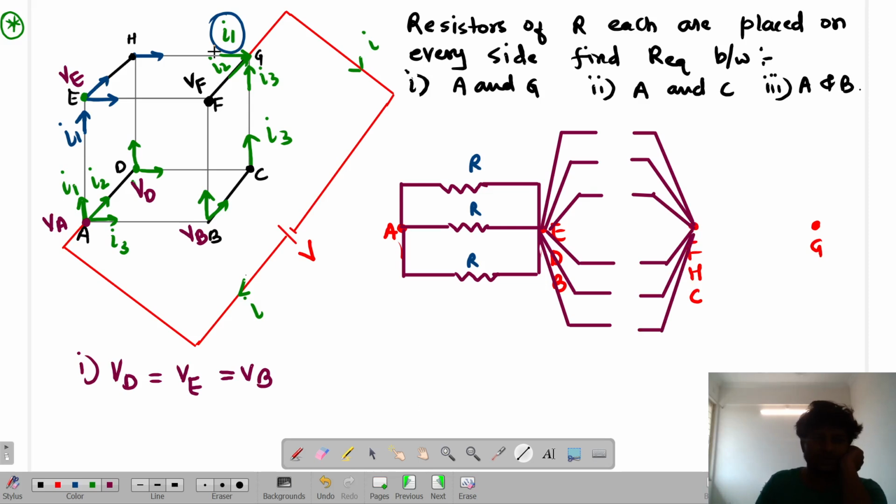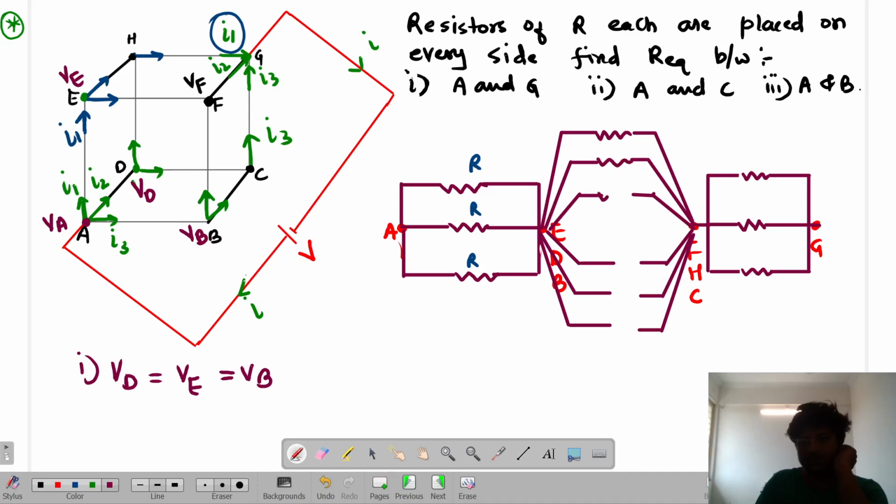And once again, at G there are three divisions. Are you able to get me or not? So 1, 2, 3, 4, 5, 6. Got it? Got the idea?